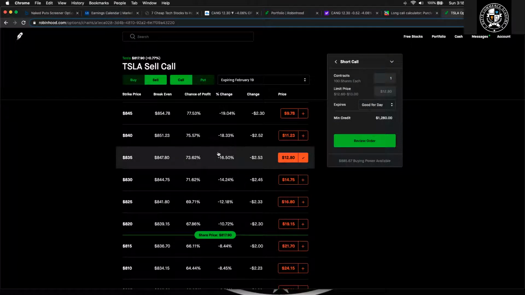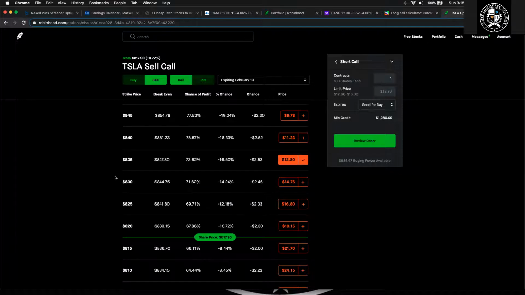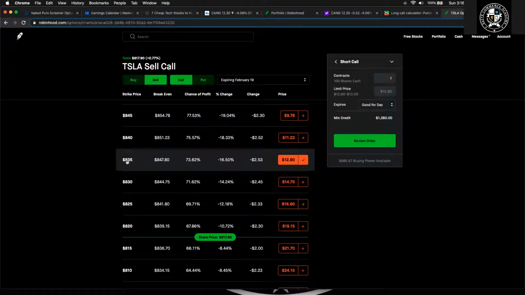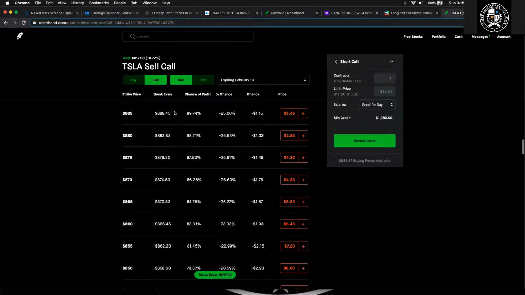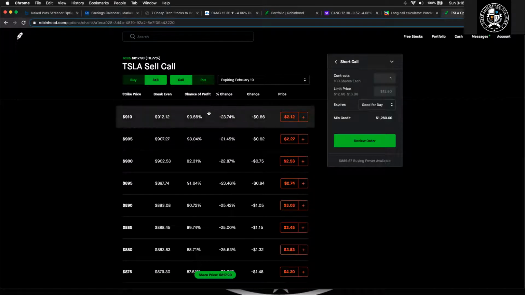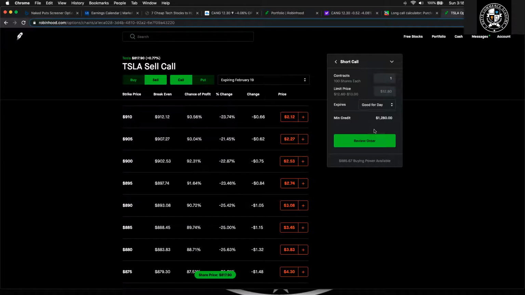This works in your favor because not only are you selling them for more than what you got them for with the strike price here, but you also get a premium up front. But if the share price goes way up, then you don't get any of those gains. All of that gain goes to the person who is buying those shares from you.